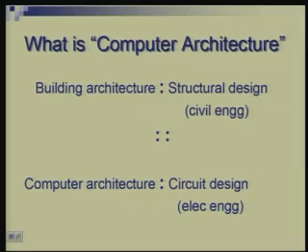So the relationship you see between what an architect does for a building and what a civil engineer does for a building is somewhat similar to what a computer architect does for a computer and what a logic designer or a circuit designer does. Okay. So architecture is once again a plan of overall functionality of the computer, and what are the basic operations it can perform, how they can be sequenced, and so on.